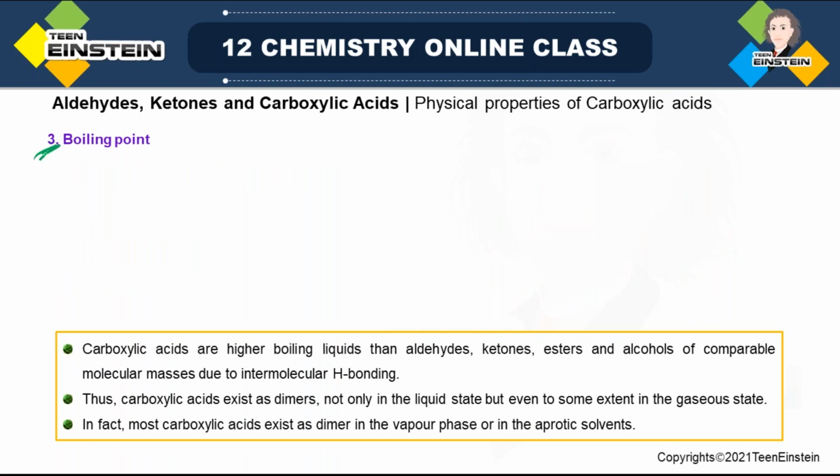Number 3, physical property is boiling point. Carboxylic acids are higher boiling liquids if you compare with aldehydes, ketones, esters, and alcohols.